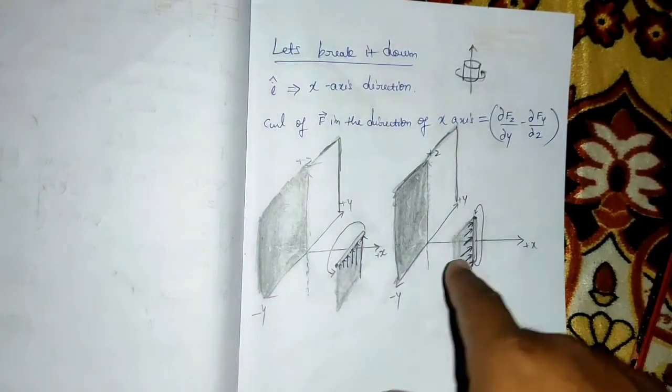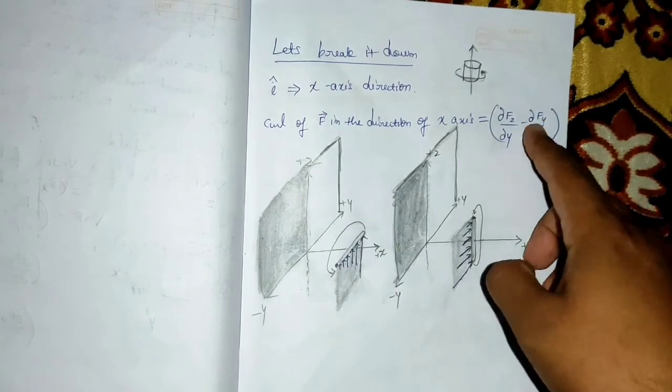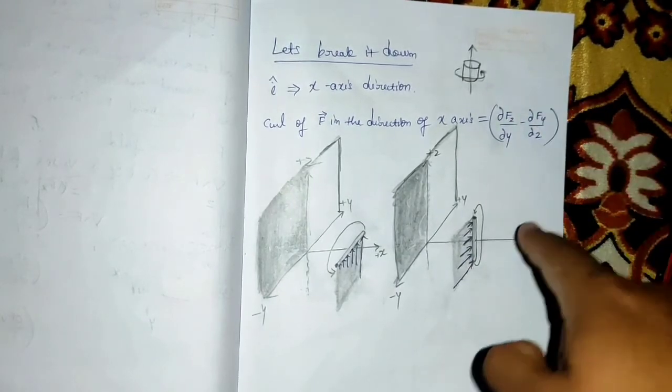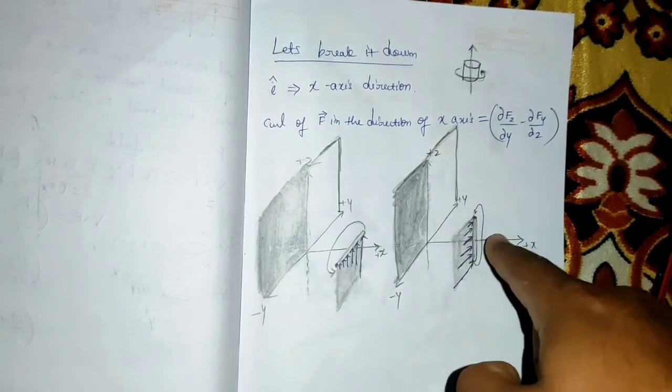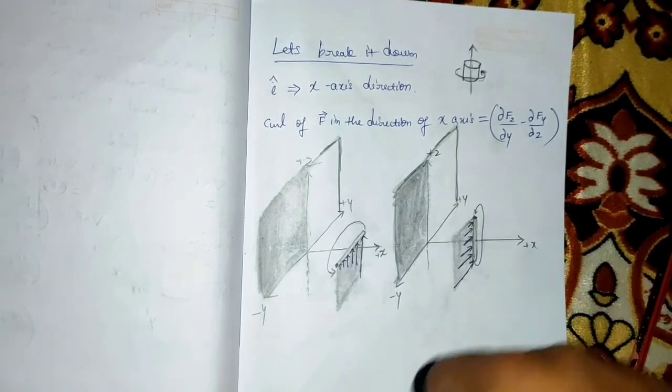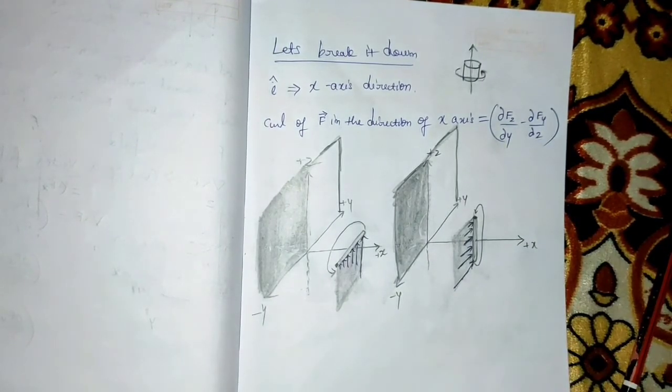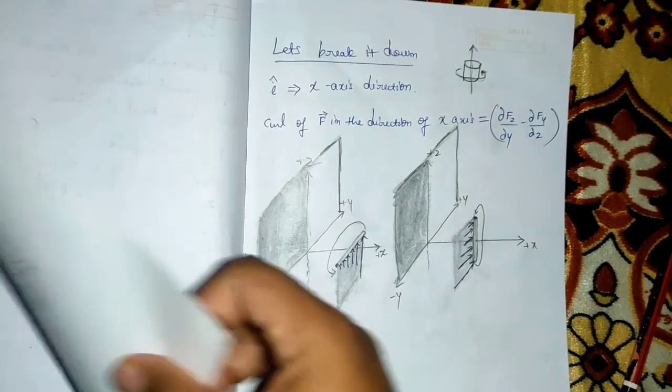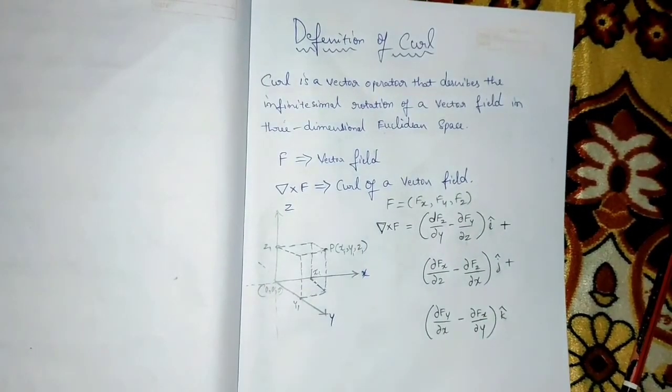So this was the direction of curl. This gives the magnitude, and the axis of rotation is the direction of curl. So I hope you have understood what curl is, what the definition of curl is, and how to imagine what it means. Thank you guys.